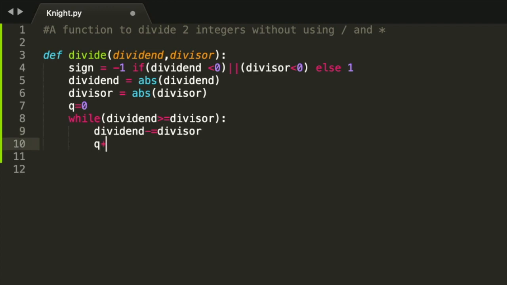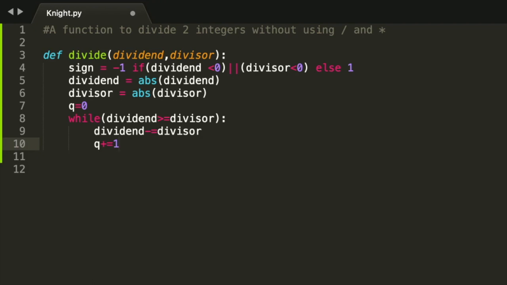Quotient plus equals 1. So what happens here is, in each iteration of the while loop, it checks if the dividend is greater than or equal to the divisor. If this condition is satisfied, it goes inside the loop. Inside the loop, it subtracts the divisor from the dividend and then increments the quotient.